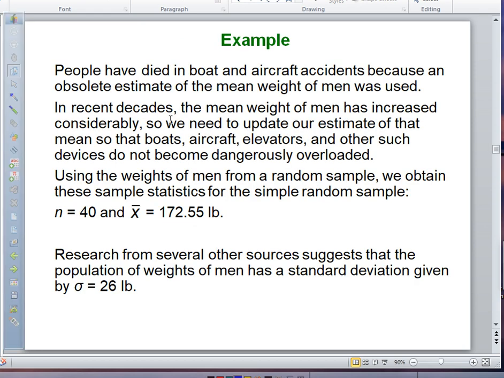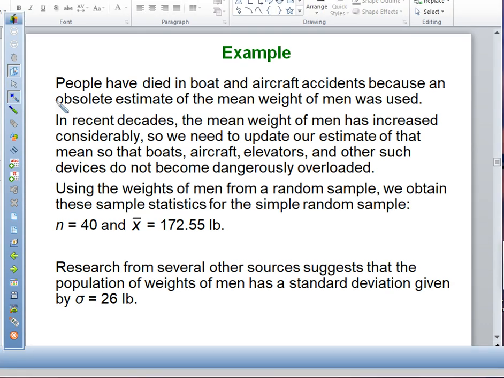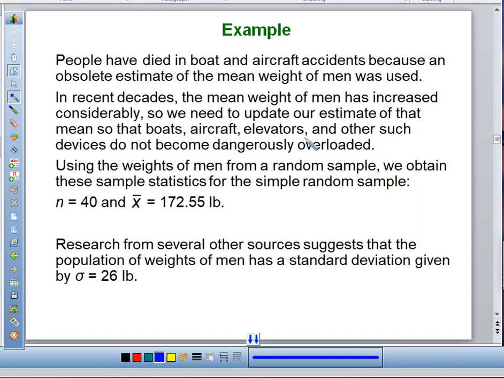And then let's take an example. People have died in boat and aircraft accidents because an obsolete estimate of the mean weight of men was used. In other words, the weight of men has increased. It's not what it used to be.